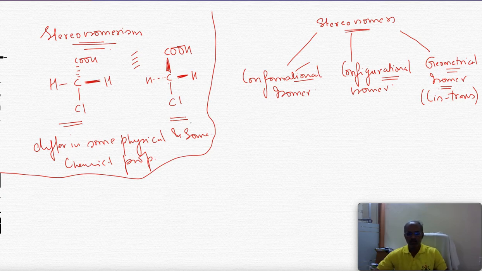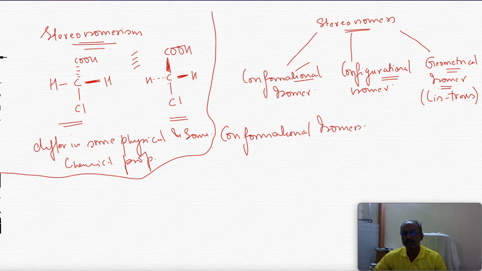So we will see conformational isomerism. Conformational isomers are interconvertible isomers. Why are they interconvertible?